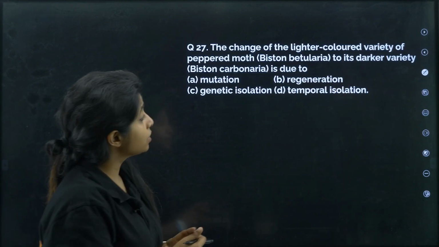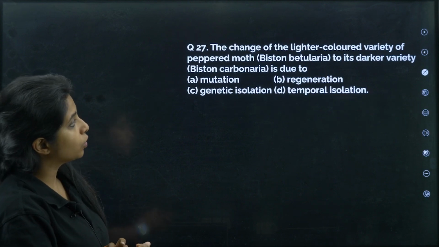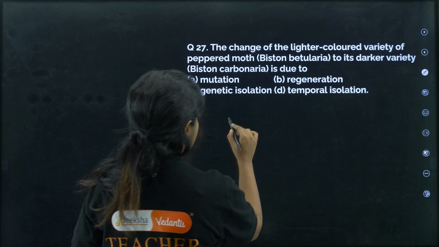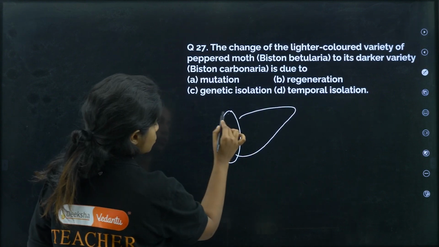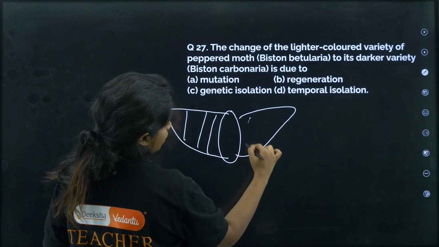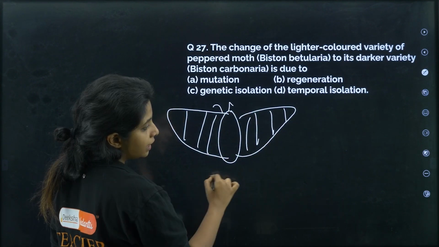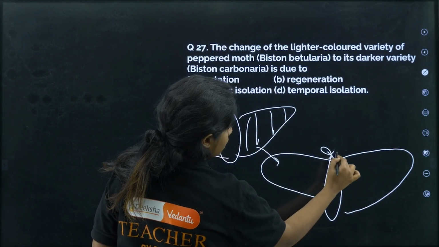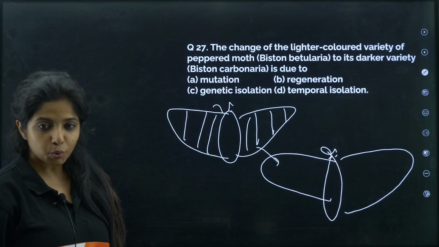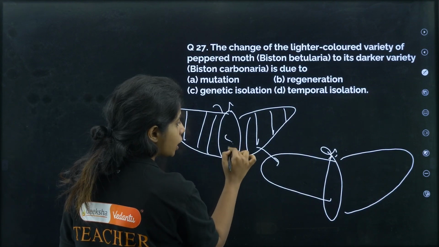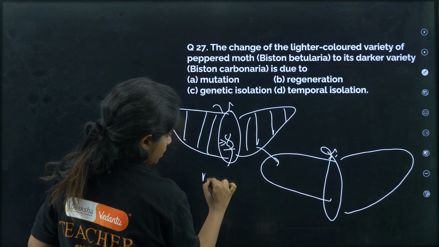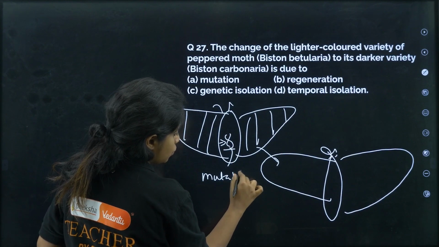Next one. The change of the lighter colored variety of peppered moth Biston betularia to its darker variety Biston carbonaria is due to. So initially you had Biston betularia which was having white colored wings. Now it changed to Biston carbonaria, which looks like this. How did this thing happen? So basically this happens when there is a change in the genetic material, and this change is known as mutation.